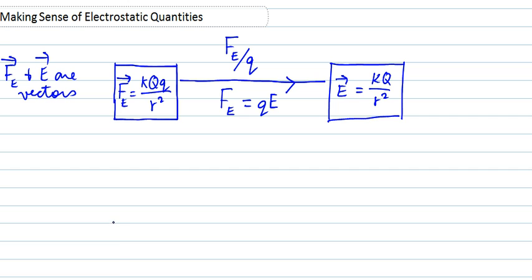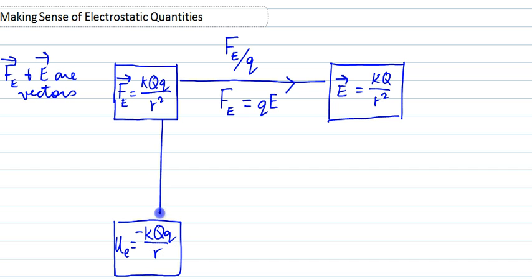Okay, well now let's add in down here the electric potential energy, which we'll just say is negative KQQ over R. And one thing that we know is that force is the negative derivative of potential energy with respect to R. And so you see how force and potential energy are related as far as electric quantities are concerned.